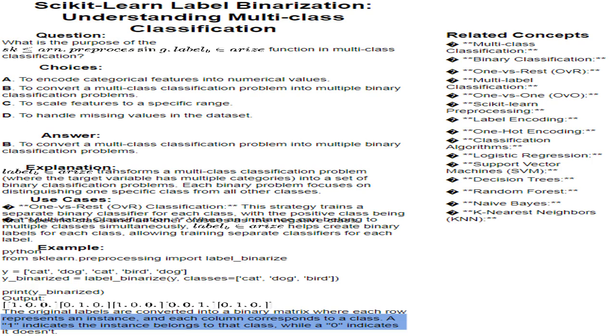The original labels are converted into a binary matrix where each row represents an instance, and each column corresponds to a class. A 1 indicates the instance belongs to that class, while a 0 indicates it doesn't.